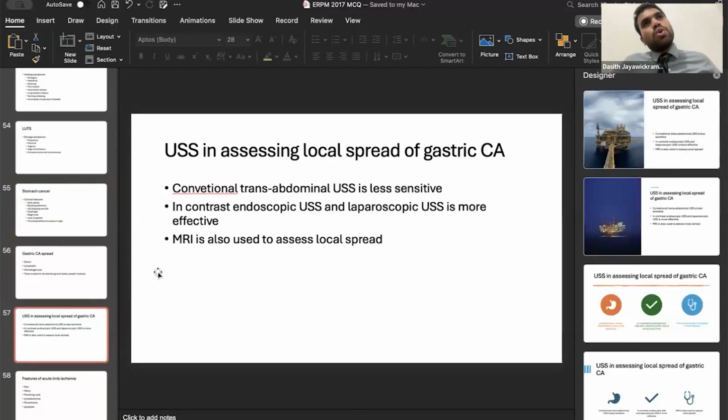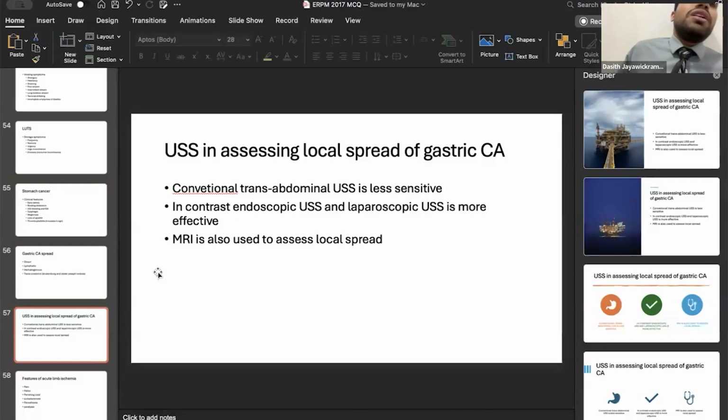So when you assess the local spread of the esophageal carcinoma, the options are the ultrasound and the MRI. The MRI gives us a very good evaluation of the soft tissues, and ultrasound also gives us a good evaluation of soft tissue, but not the traditional transabdominal ultrasound. The transabdominal ultrasound will not give us a good picture of local spread.